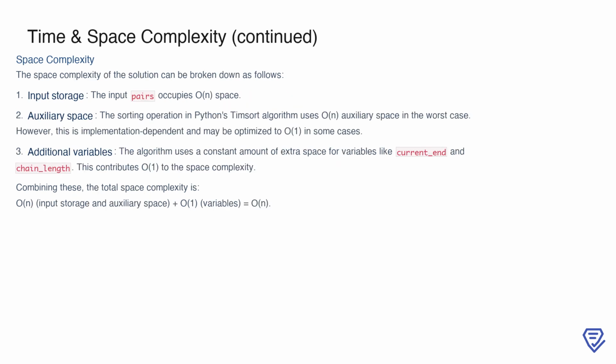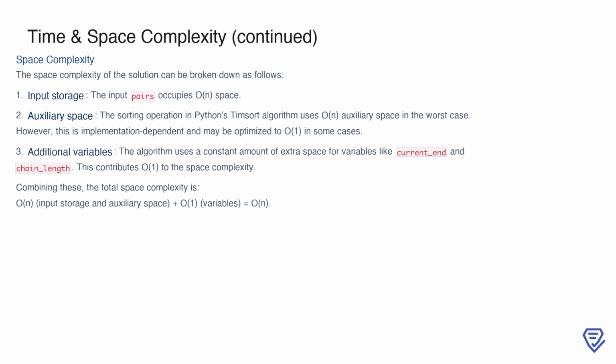Now, let's examine the space complexity. First, the input list of pairs takes up n space. Next, the sorting operation in Python's timsort algorithm requires auxiliary space, which can take up to n in the worst case. It's worth noting that this auxiliary space usage depends on the implementation and could be optimized to 1 in some environments.